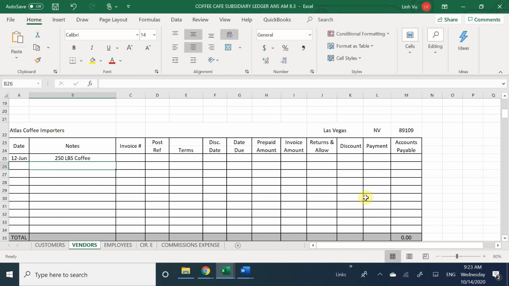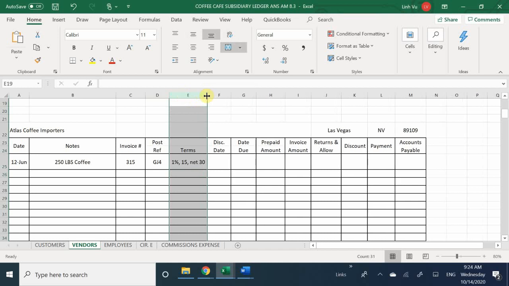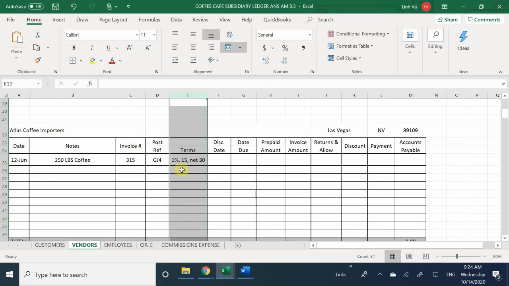All right. So here the invoice number was 315. Our post reference is going to be General Journal 4. Terms. Were we given terms? Yes, we were. It was 1%, 15, net 30. And with that being given to us, when is going to be our discount date, or the last day to receive the discount?